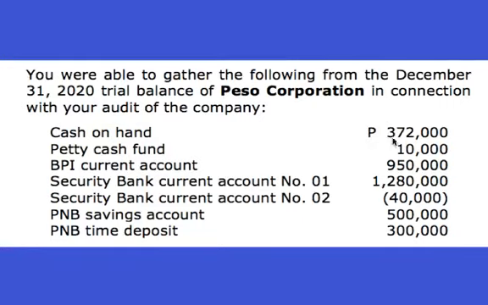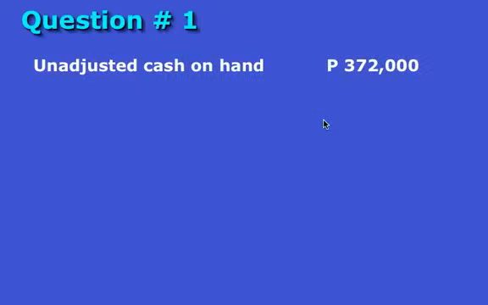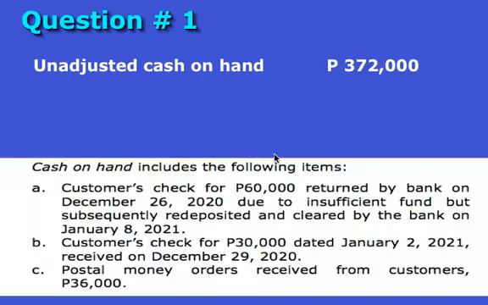Let's start from unadjusted. Additional information in relation to cash on hand: cash on hand includes the following. Let's see if included properly.